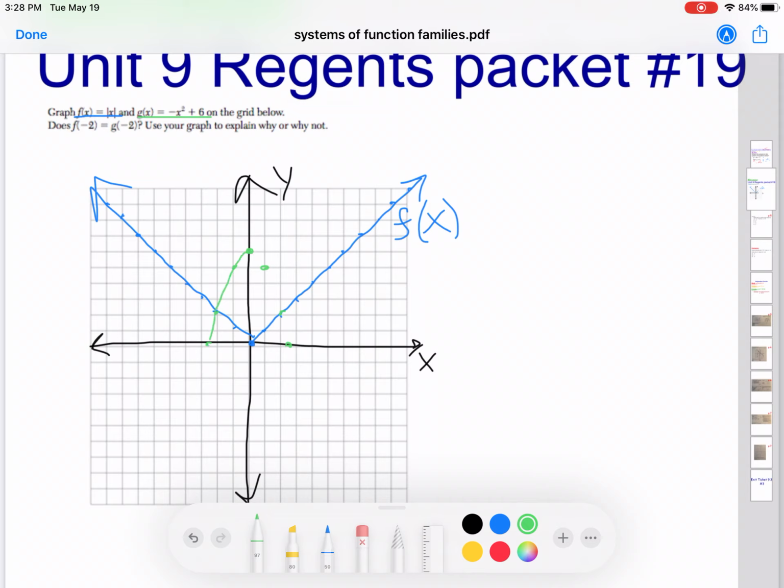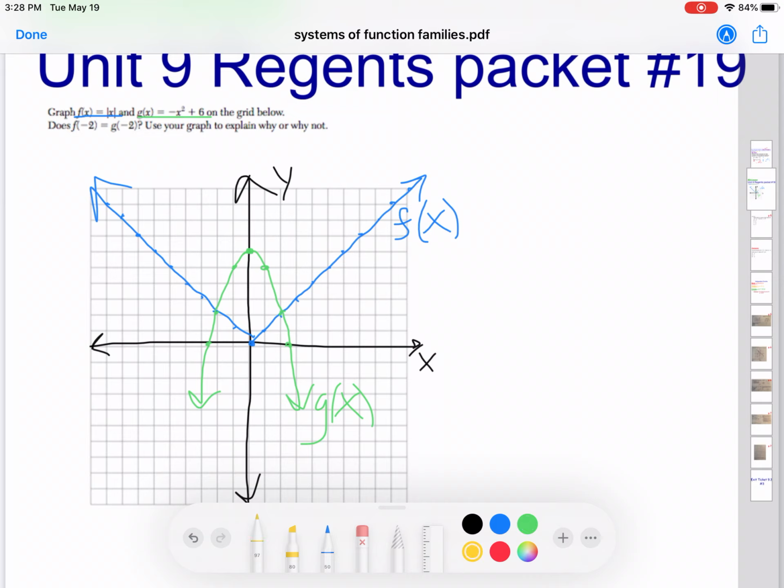Again, the more points you plot, the more accurate your graph will be, which when we're answering Regents questions, especially, we want to make them as accurate as possible, and we will label this g of x. So we've now done the first part of the question. We graphed f of x, and we graphed g of x.